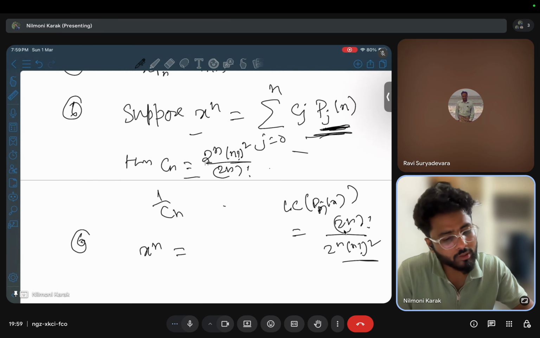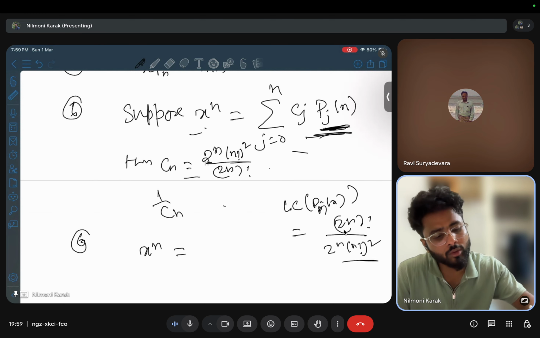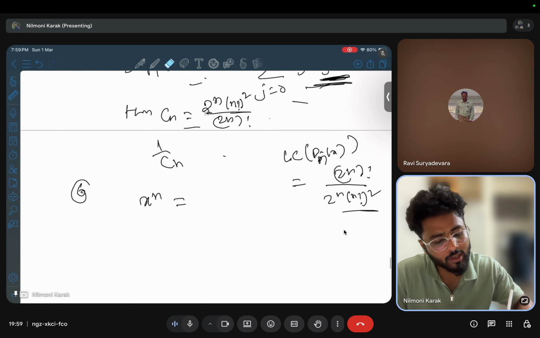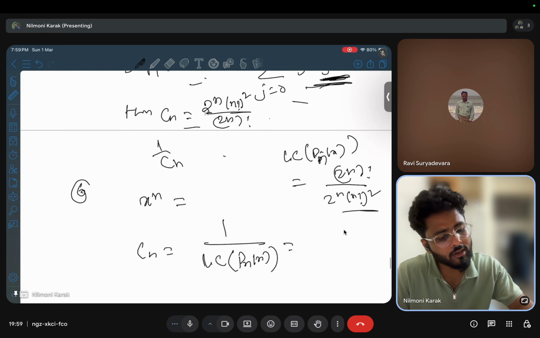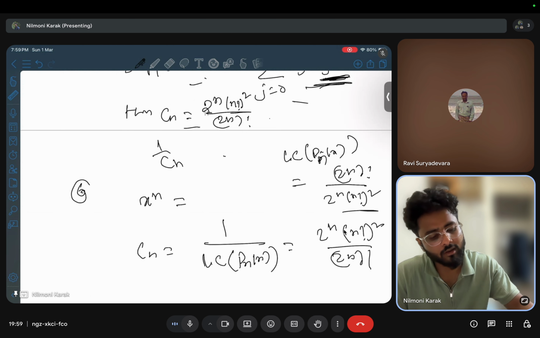So to make this x to the power n, the overall coefficient should be 1, so c_n should be 1 by the leading coefficient of P_n(x), and this is nothing but 2 to the power n, n factorial squared over (2n) factorial.